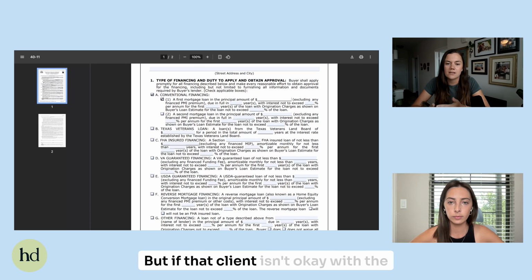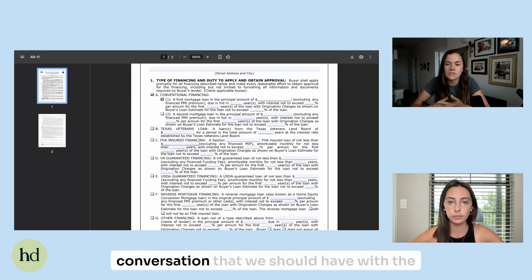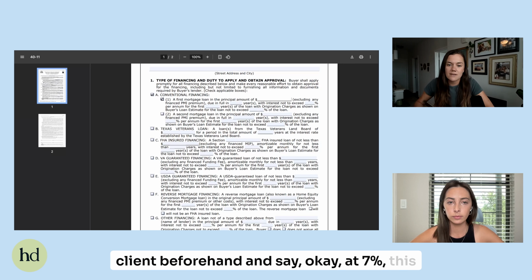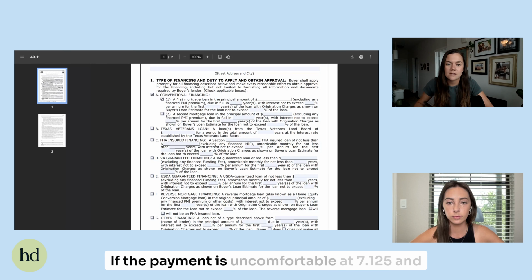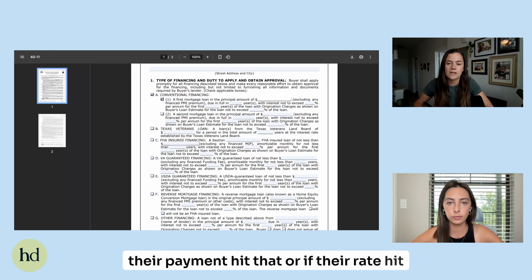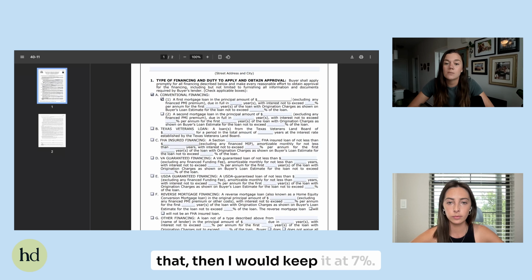But if that client isn't okay with the payment at that rate, then that's a conversation that we should have with the client beforehand and say, okay, at 7%, this is what your payment's going to be. Is that still comfortable? Would you still purchase this property? And if so, then 7% you can put for that blank. If the payment is uncomfortable at 7.125 and they would want to get out of the contract if their rate hit that, then I would keep it at 7%.